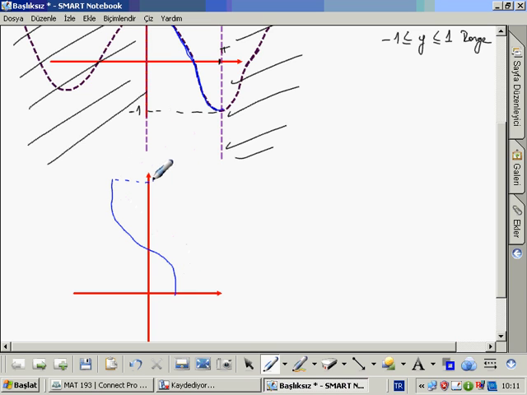This is pi, this is -1, and this point is plus 1. This point is pi over 2.